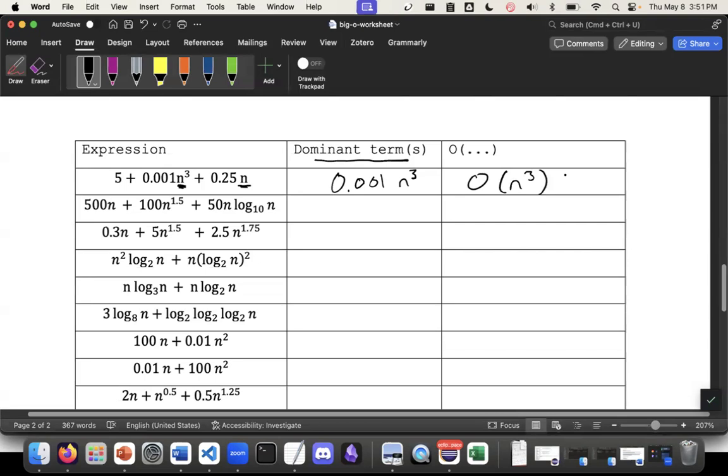So it's teasing out this process where we have an equation. Find what's the biggest term. You can plug it into a calculator or Desmos. You can plot the different terms and see what comes up, what's bigger. And then write O of, throw away any constants and just write O of n cubed.